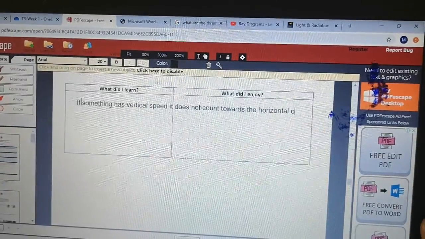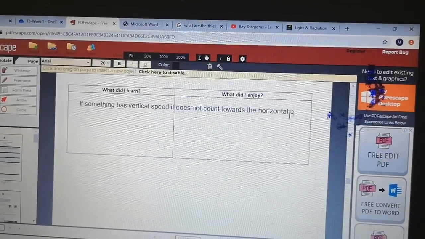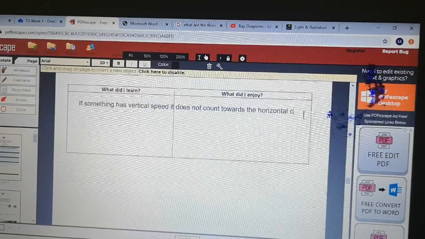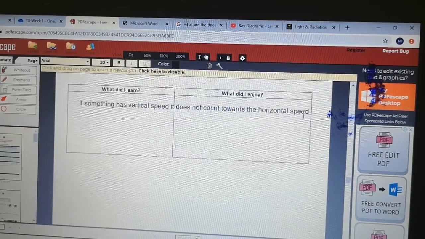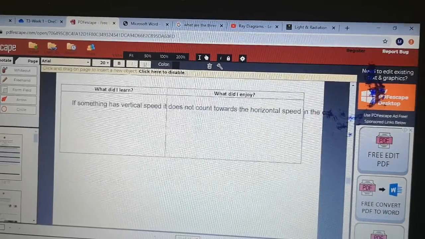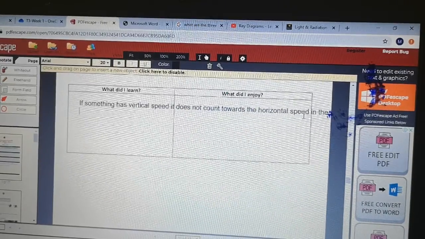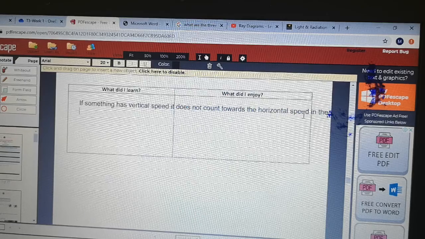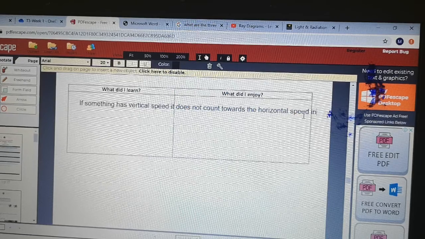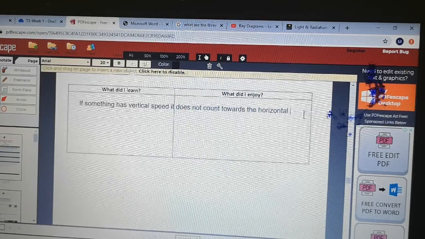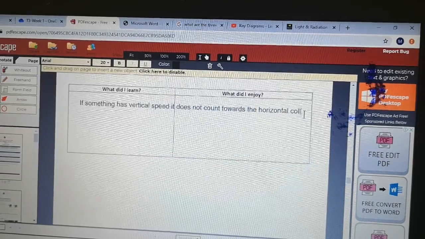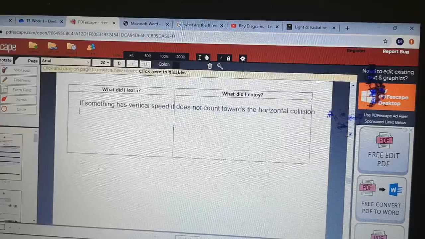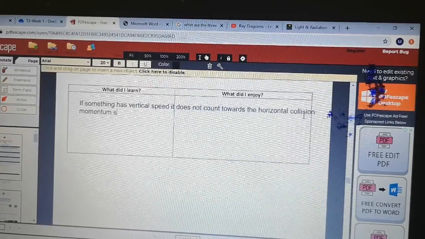So if something has vertical speed, it does not count as the horizontal speed in the calculation, as the vertical does not count towards the horizontal collision momentum sum.